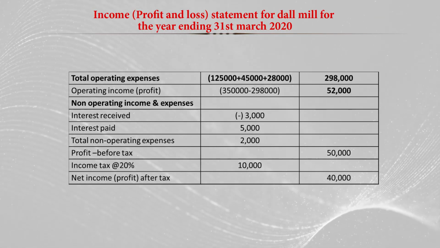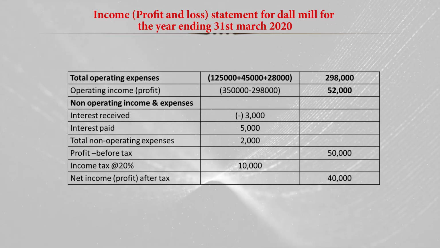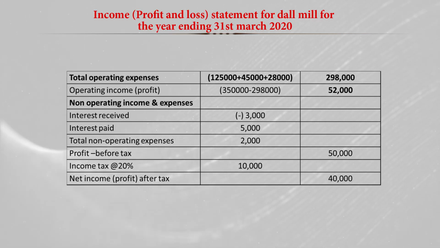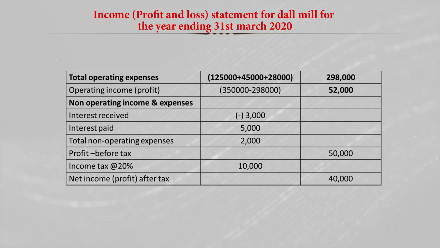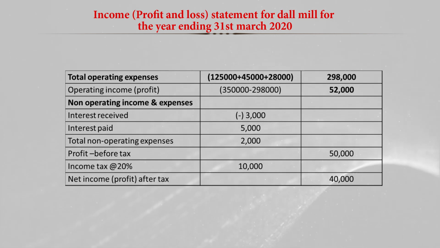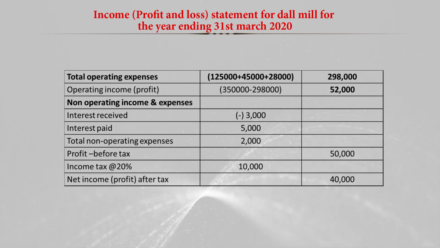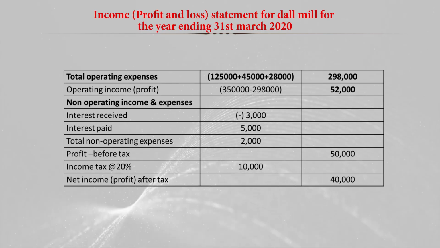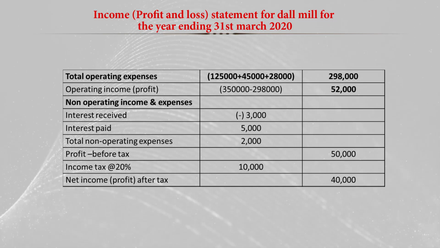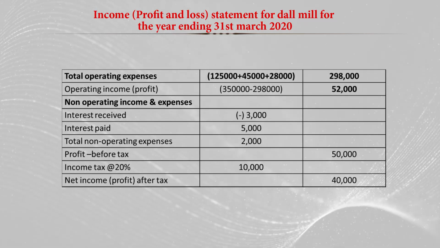And for calculating the net operating income and expenses, we have the interest payment of 3,000 rupees. Then we have the interest paid of 5,000 rupees, and then the total comes to 2,000 rupees. So profit before tax comes to 50,000. Then there is an income tax.